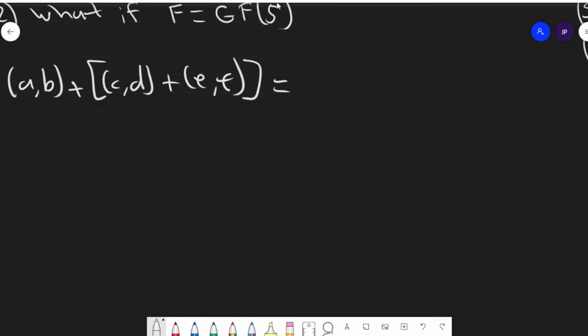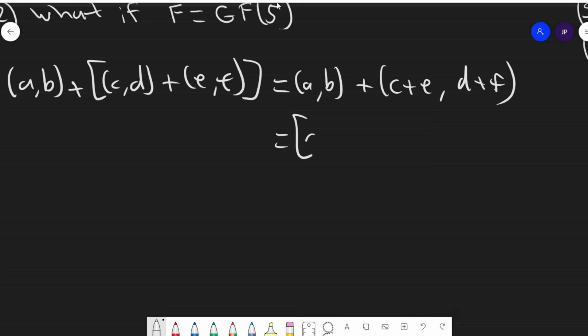So we're going to do the brackets part first. We will have C plus E, and we will have D plus F. Then if I add that, I will get A plus C plus E, B plus D plus F.